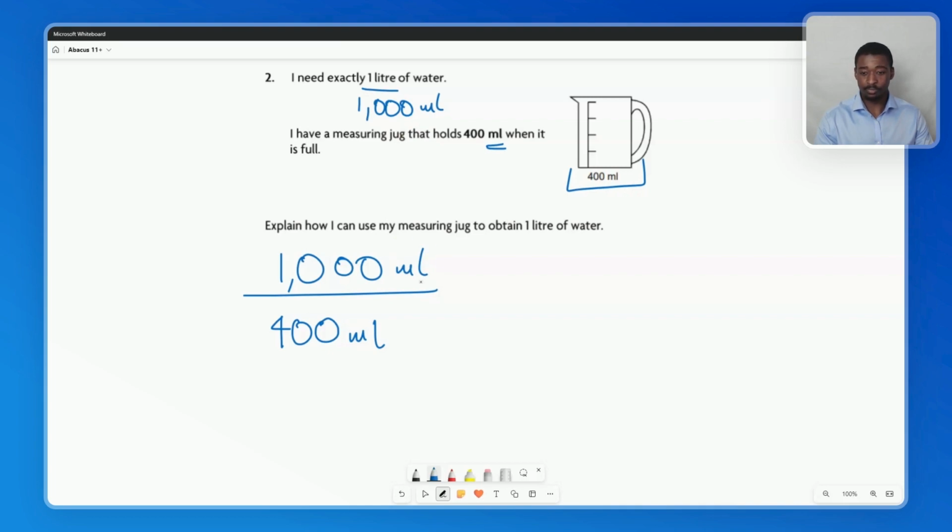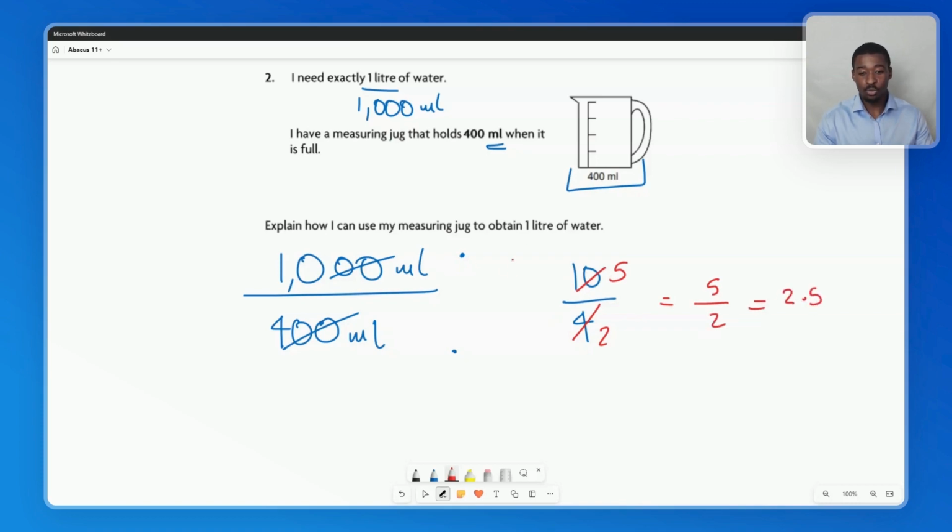It's simple division here. We can just cancel out these two zeros on numerator and denominator. Then we have 10 divided by 4. Take out the common factor of 2, giving us 5 divided by 2, or just 2.5.